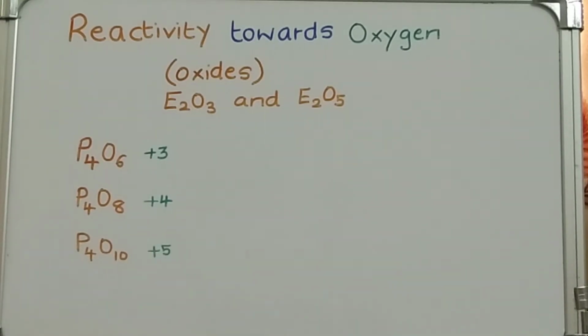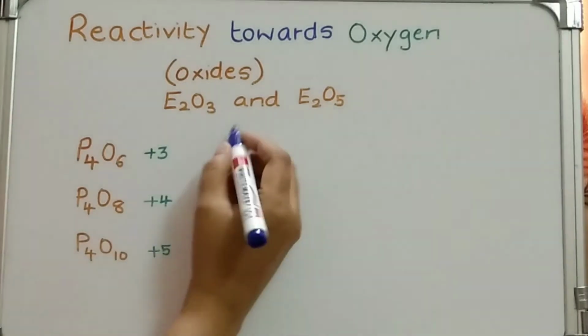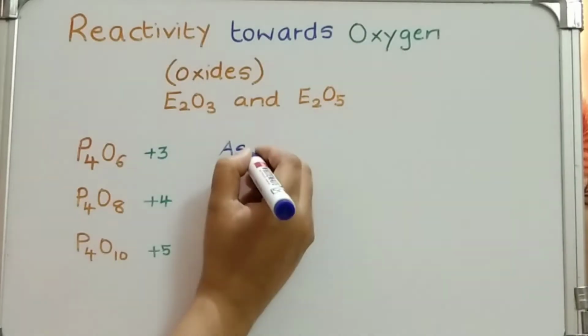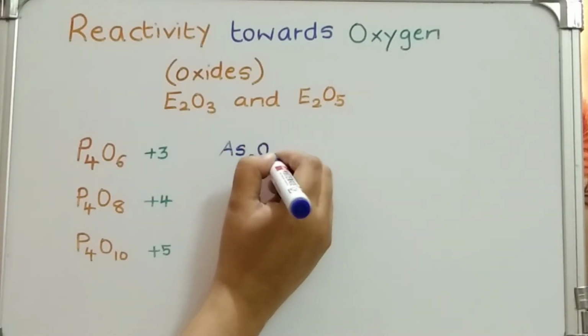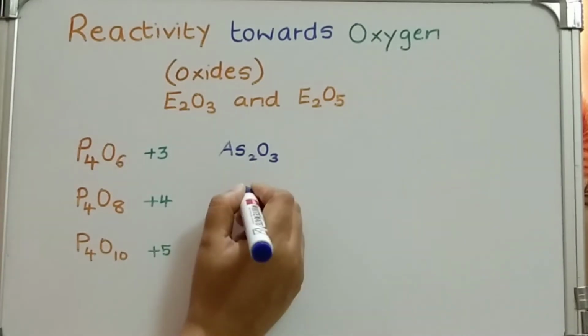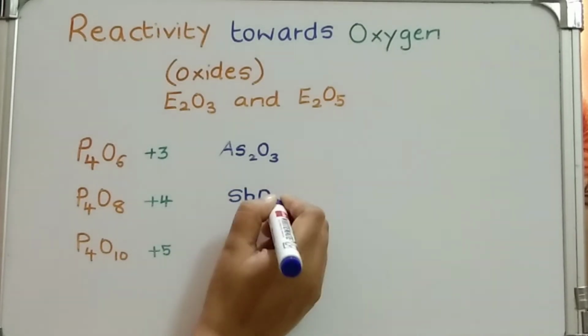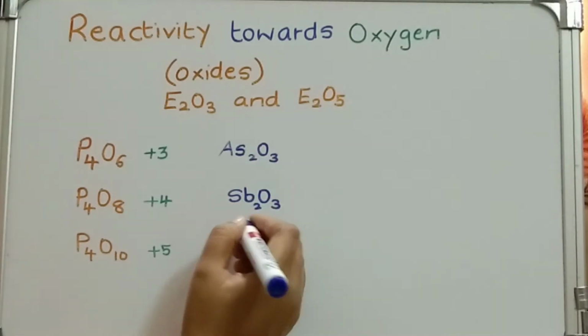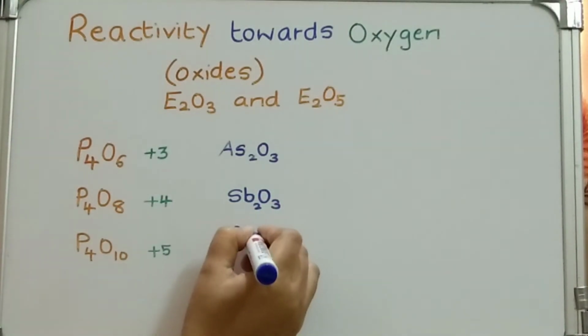Now let's check for arsenic what type of oxides it is forming. It forms As2O3. It also forms Sb2O3, I am talking of antimony also together, and Bi2O3.